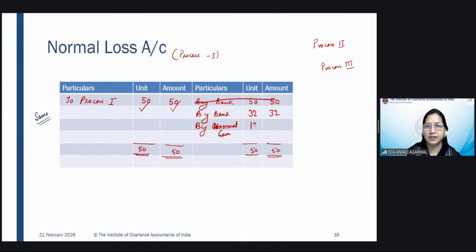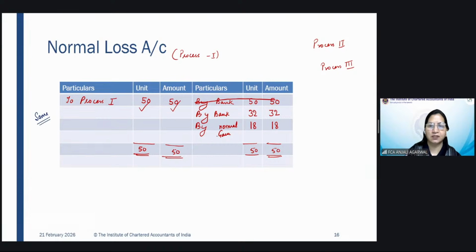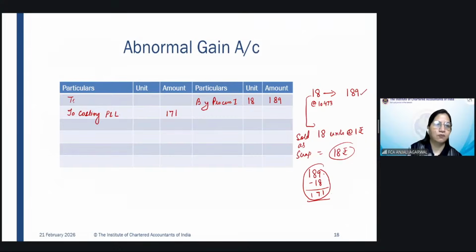That 18 units I could not sell would have given me 18 rupees. So this is how I'm going to balance it through abnormal gain account. If this entry is pasted here in the normal loss account, what will come in the abnormal gain account? To normal loss account. So this loss has reduced, this gain has reduced the units which I could have sold as scrap.